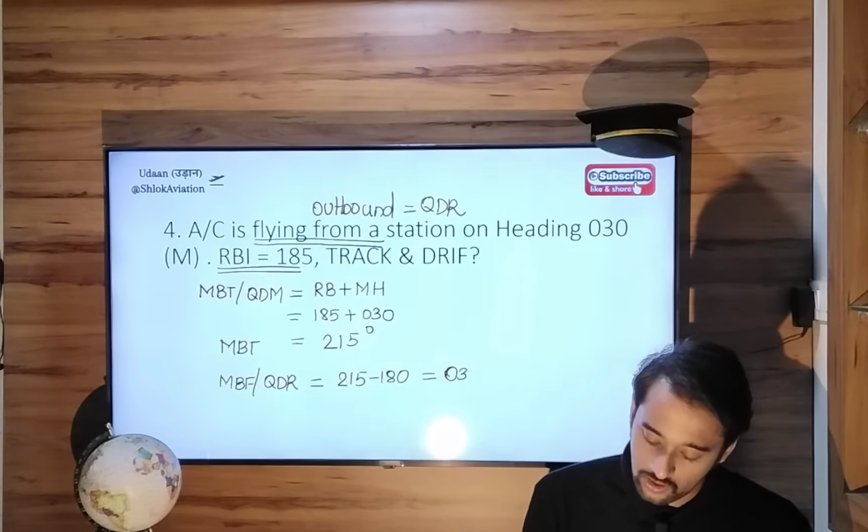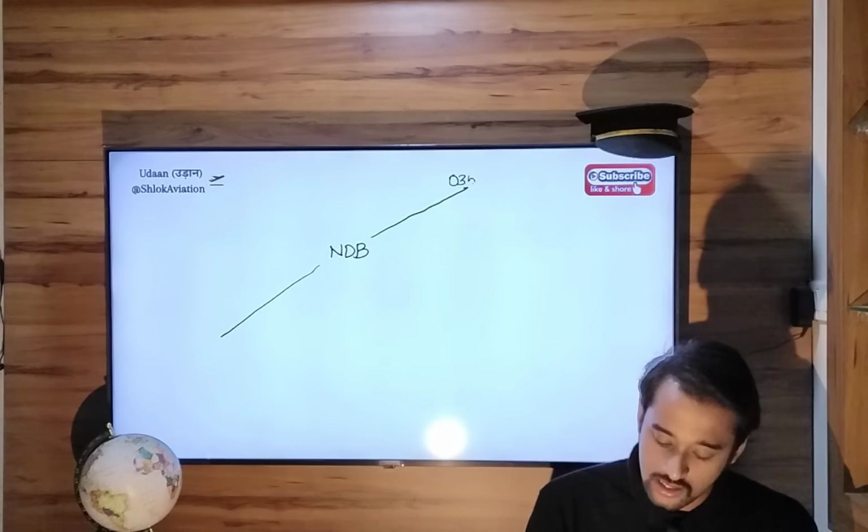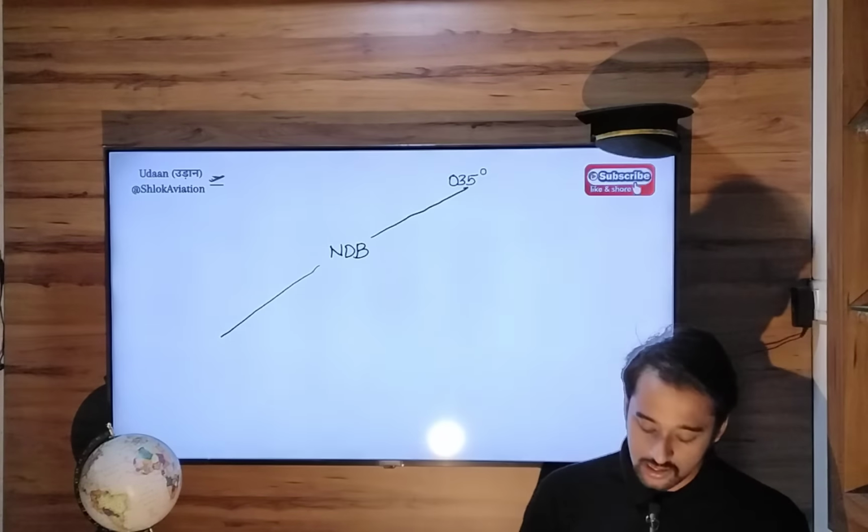According to the question, you are tracking away from the station. So you are tracking away from the station on 035 degrees.